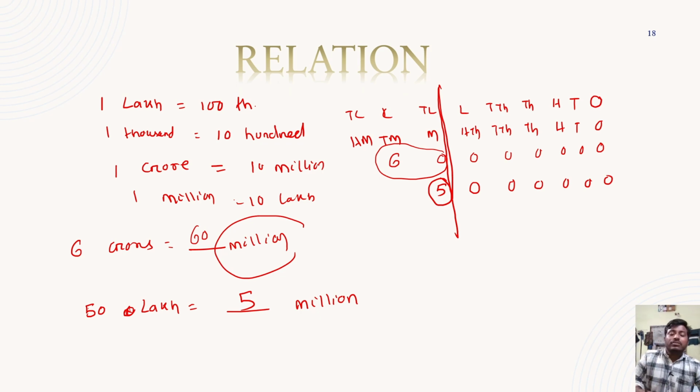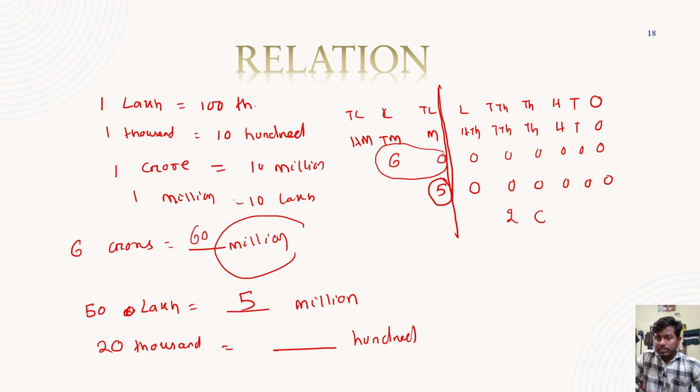Okay. Now, suppose the question is 20,000 equal to dash 100. Okay. So simply write down 20,000. How to write the 20,000? Here is 2, then 0, then 0, 0, 0.